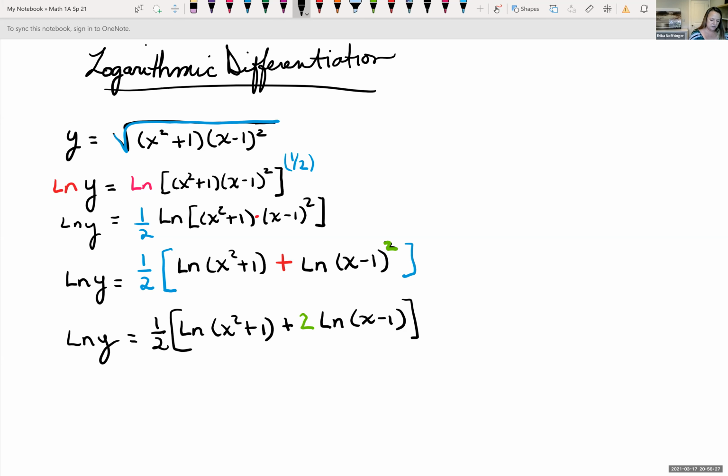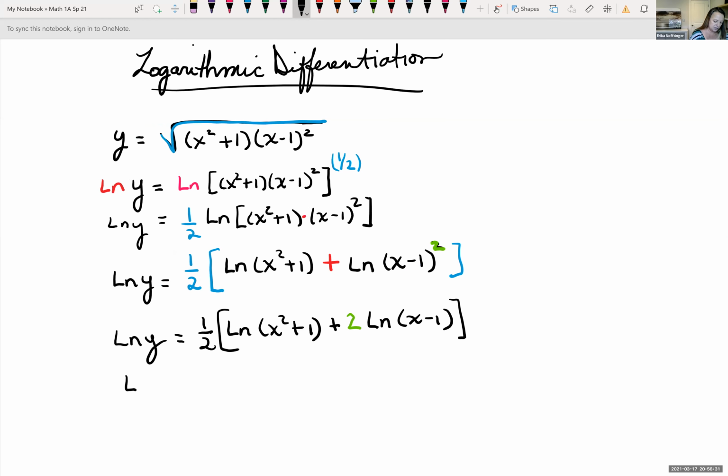And if we really want to, and I probably would, let's distribute that 1/2. So the natural log of y is equal to 1/2 the natural log of x squared plus 1. Well, 1/2 times 2, that's going to cancel, so we're just left with the natural log of x minus 1.